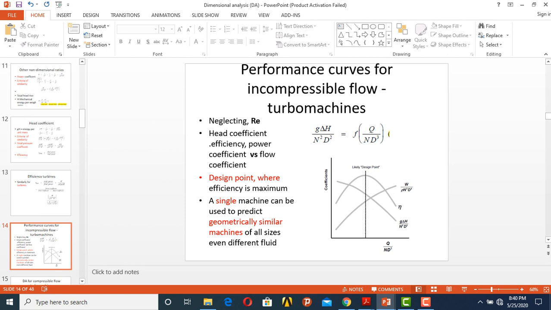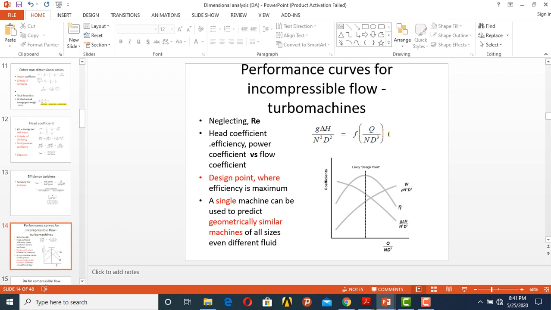On this side of the graph, we have the coefficients, which we are calling head, and then on this side, you are comparing it against the flow coefficients, just like the way we compare head against the flow. So we can compare anything: power against the flow, efficiency against the flow, head against the flow, and plot a diagram.